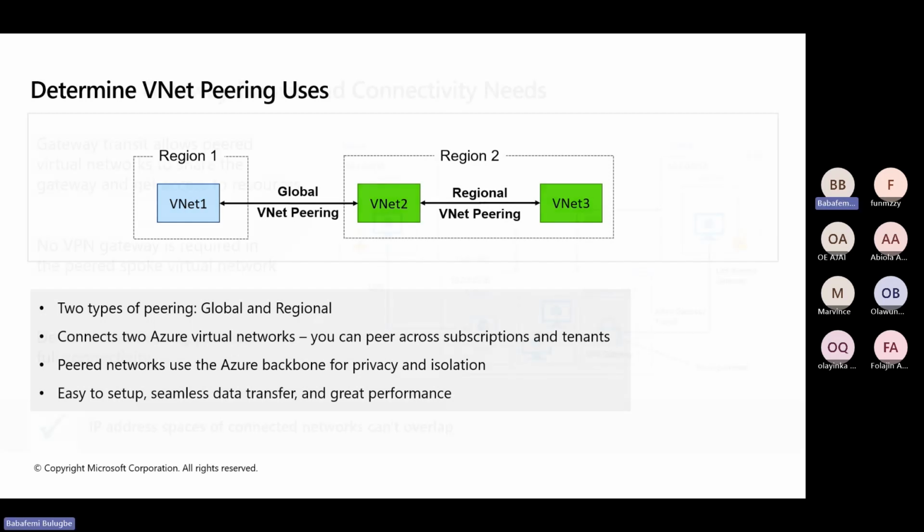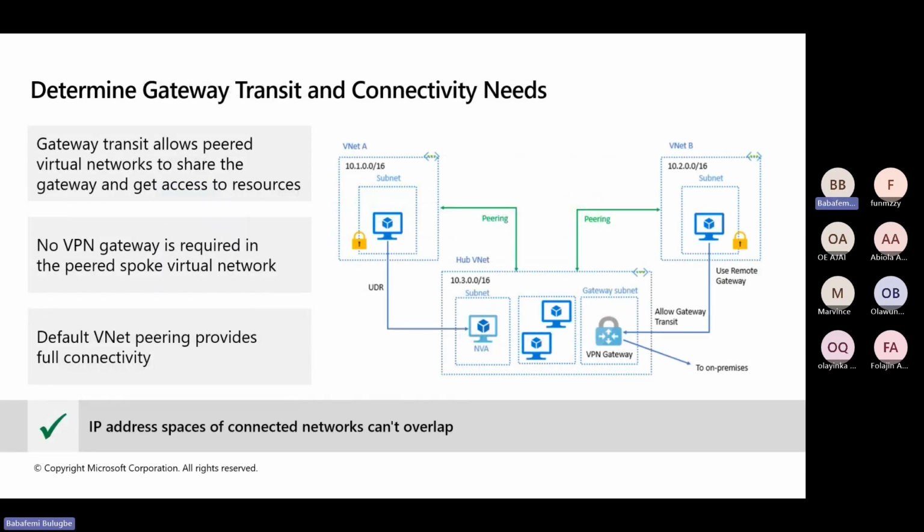Then moving away from that, this is just talking about how do we extend our VNet. You can see the hub and spoke architecture that I talked about. I was saying if there is a need for you to extend your virtual network in Azure to your on-premises environment, you need to create what we call a hub and spoke configuration or architecture.